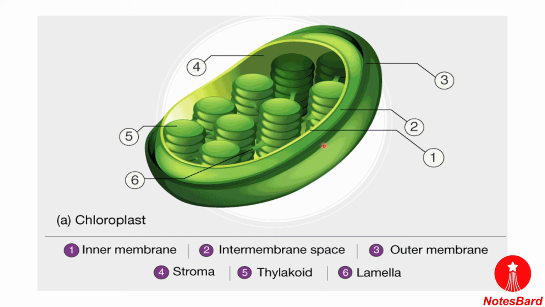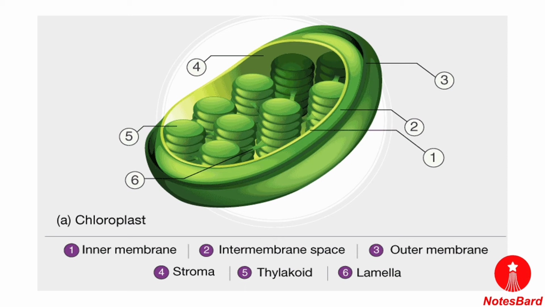So this is called the intermembrane space. The third point is the outer membrane. Then comes the stroma. Fifth is the thylakoids and the sixth is the lamellae. So these are all the parts of the chloroplast.